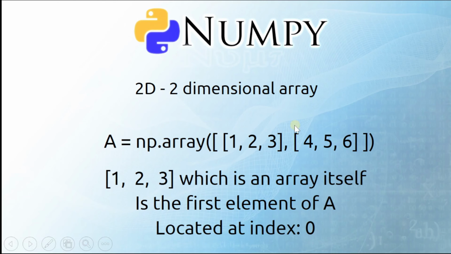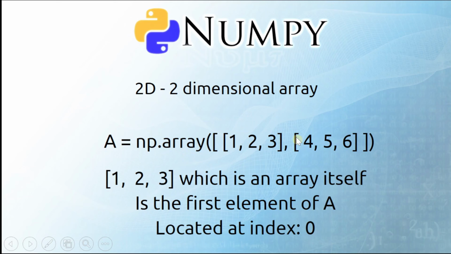In this case, you have a two-dimensional array. So each one of these, whether 1, 2, 3 or 4, 5, 6, is an element, and each of these two arrays is actually an element within this larger array.